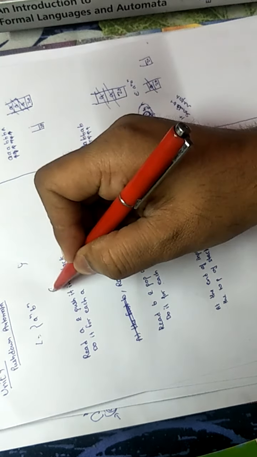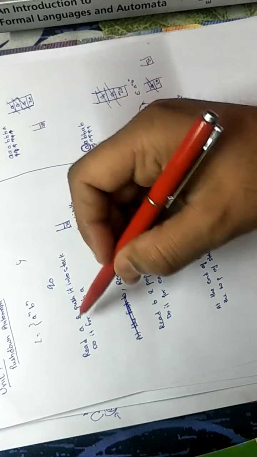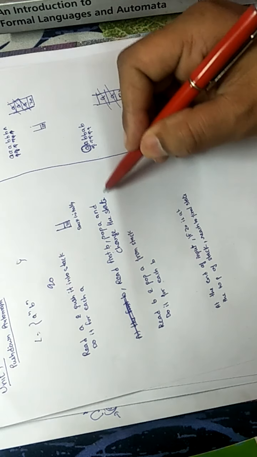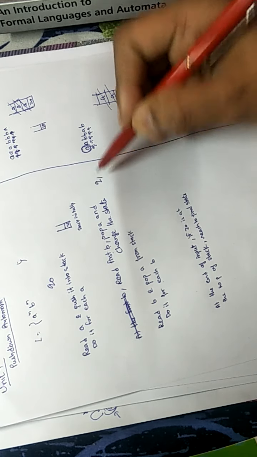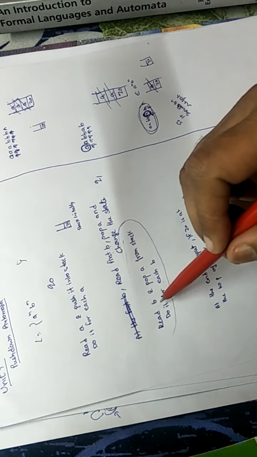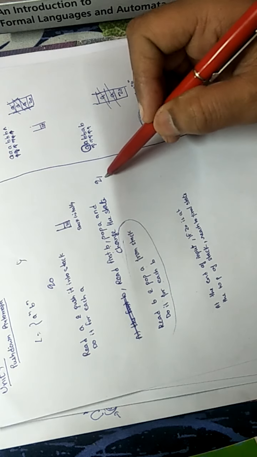Suppose initially the state is Q0 and at Q0 we are pushing A. Once we read B, we change state to Q1. Now what we are doing? We are popping A at state Q1.